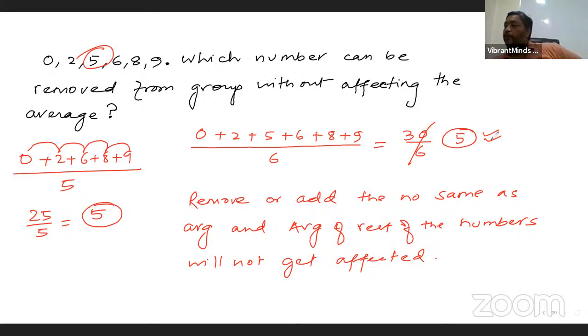Did you get my point, everyone? Is it clear? Please try to remember this: removing or adding a number same as the average will not affect the remaining group's average. Okay?